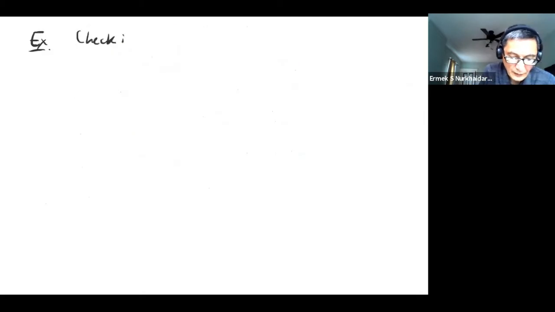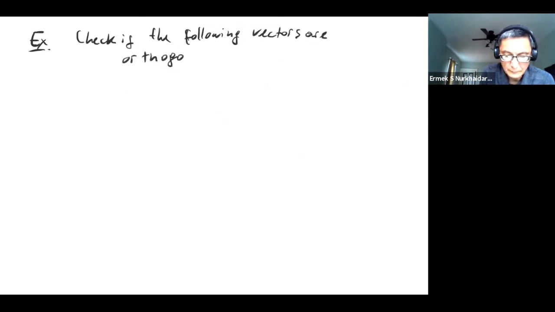check if the following vectors are orthogonal. Say 1, 0, minus 2, and 4, 3, 2.